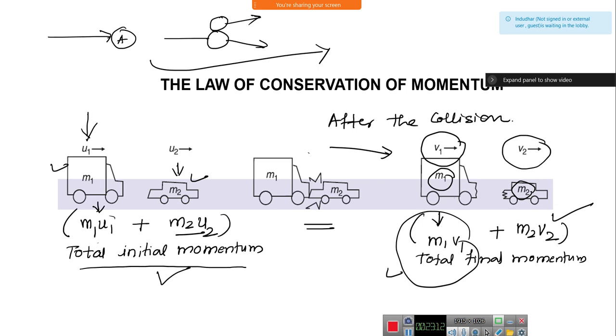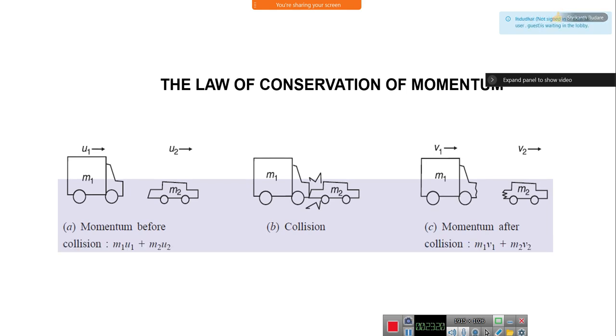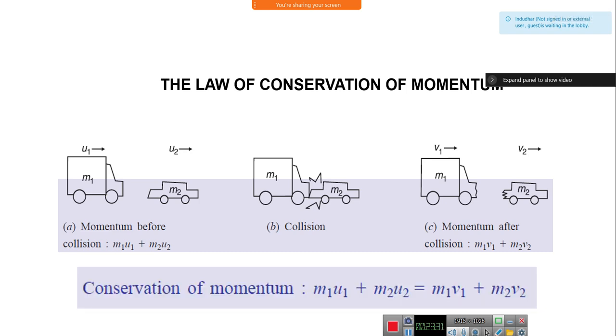And this is the law of conservation of momentum, right? Momentum before and momentum after. Momentum before is M1 U1 plus M2 U2. Momentum after is M1 V1 plus M2 V2, and conservation of momentum is M1 U1 plus M2 U2, that is momentum before collision, is always equal to momentum after collision.